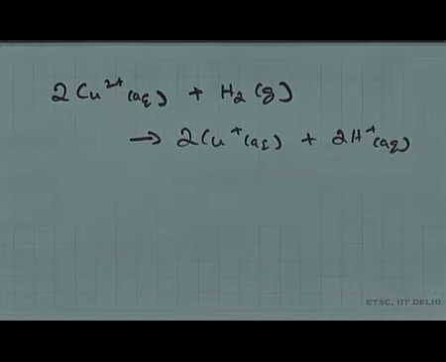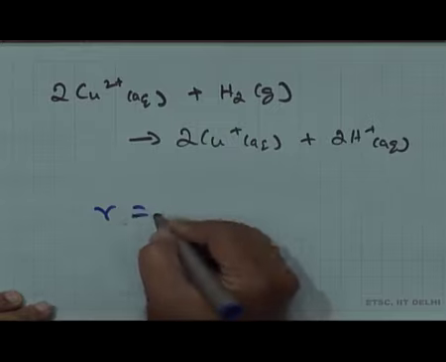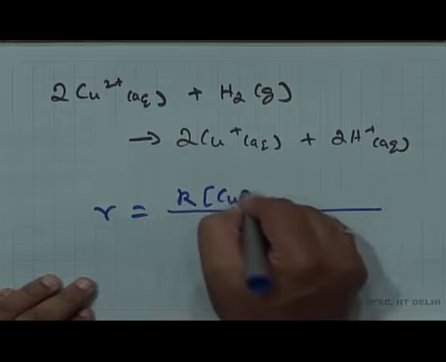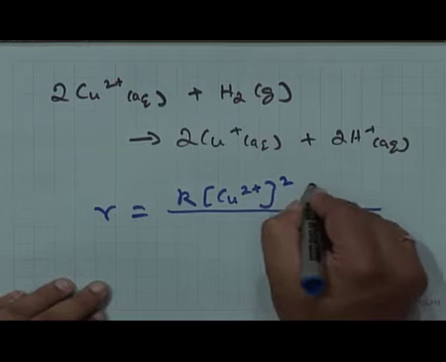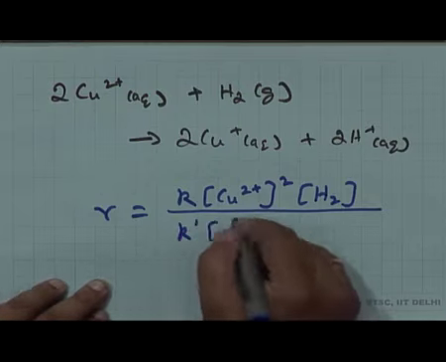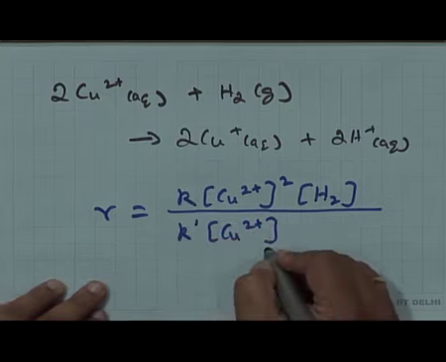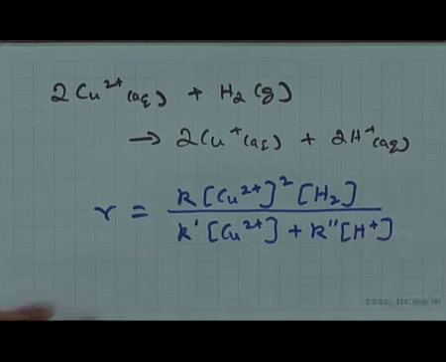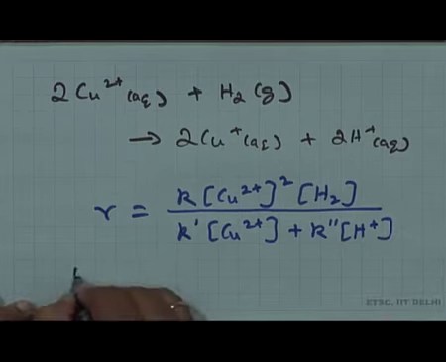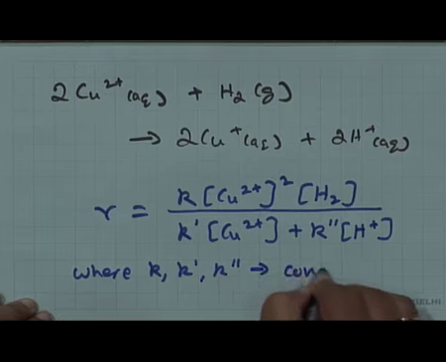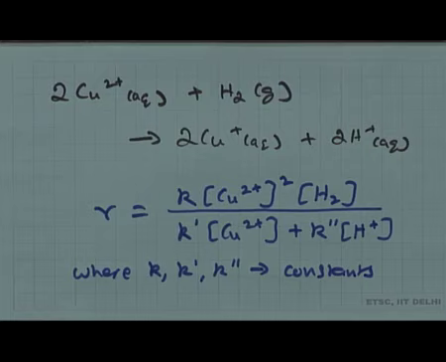Now, the experimentally observed rate law is given like this: R is equal to K times the concentration of Cu2+ squared times the concentration of H2 over K prime concentration of Cu2+ plus K double prime concentration of H+, where K, K prime, K double prime are all constants.